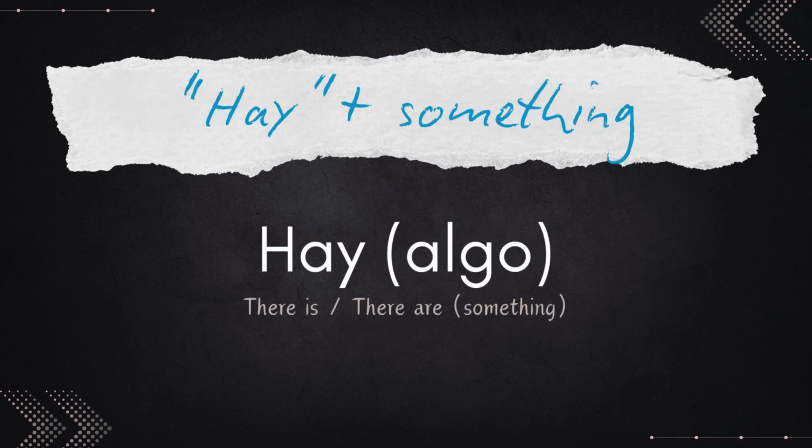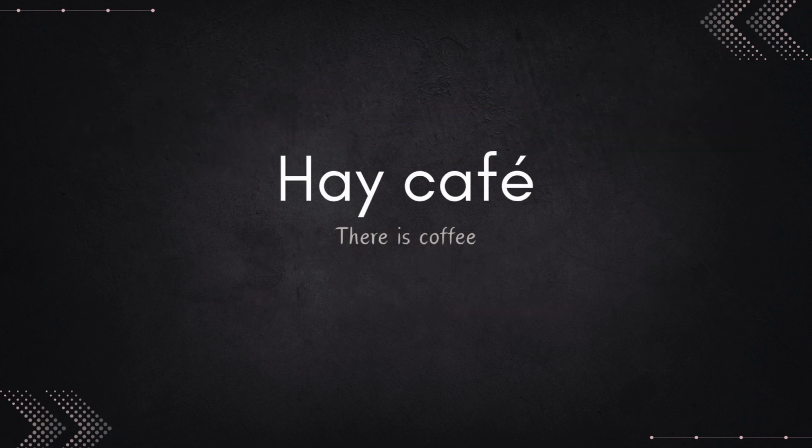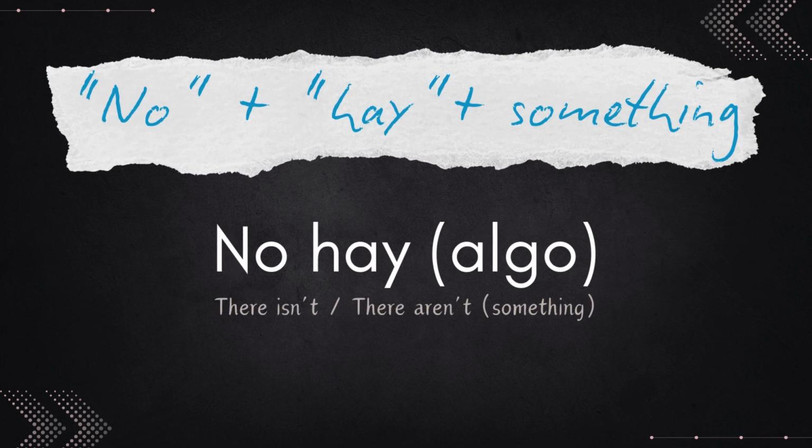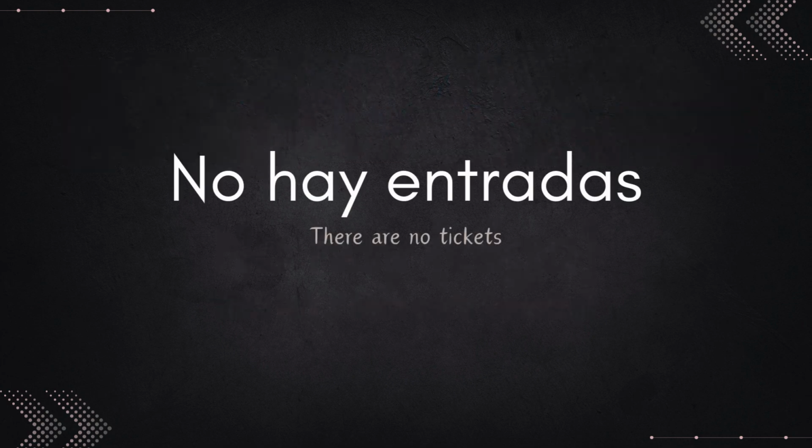With the pattern hay plus something, you can make general statements such as there is coffee, hay café. And by adding no before the pattern, we can say there isn't or there aren't something. For example, no hay entradas. There are no tickets.